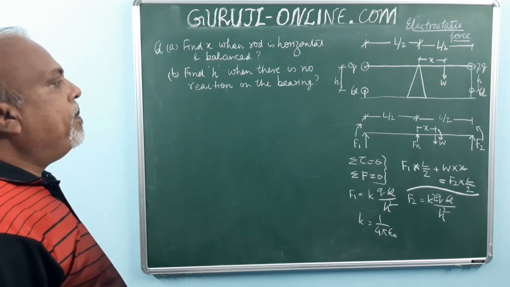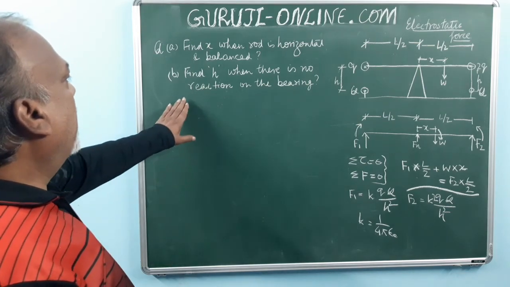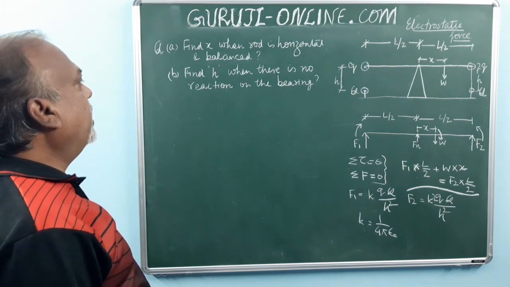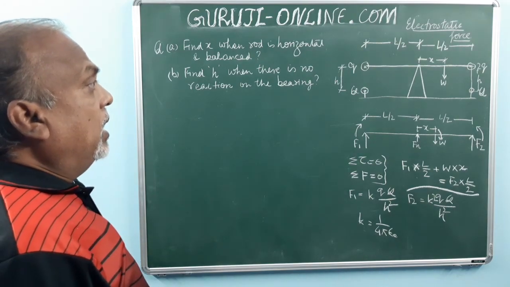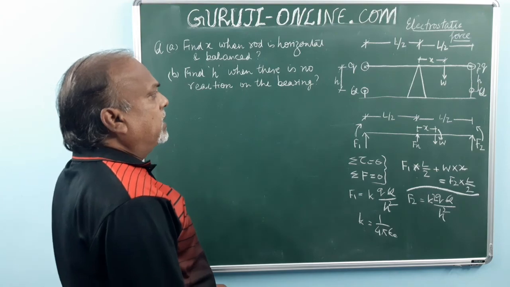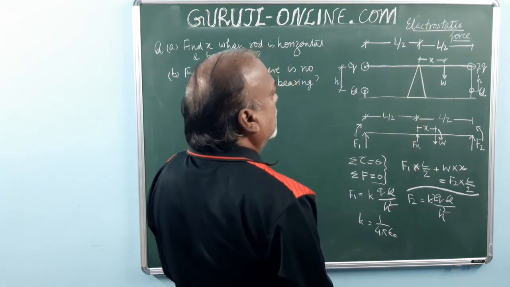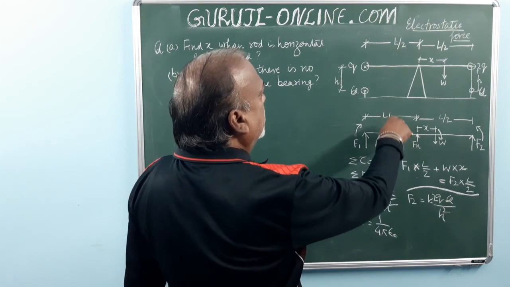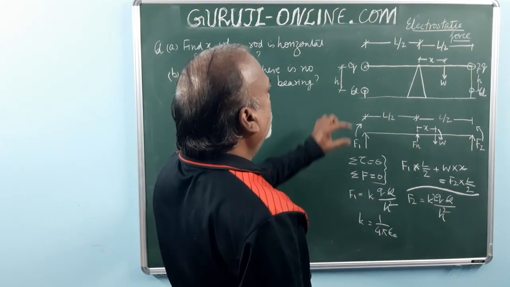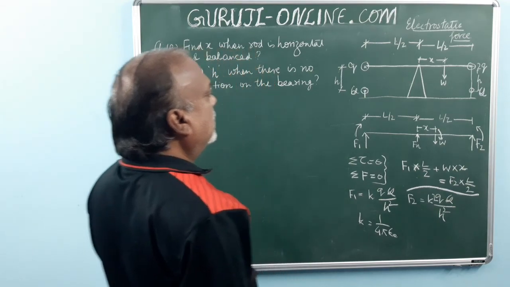Now the second part which says find out H when there is no... Now it says that for Fn to be 0, what should be the value of H?